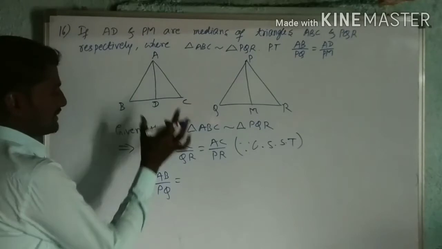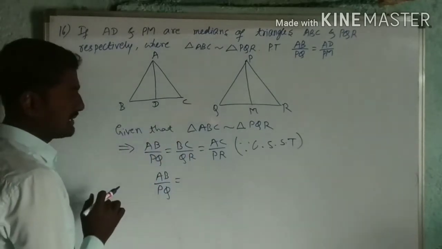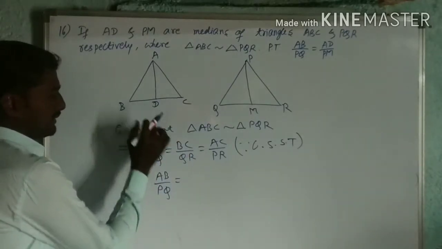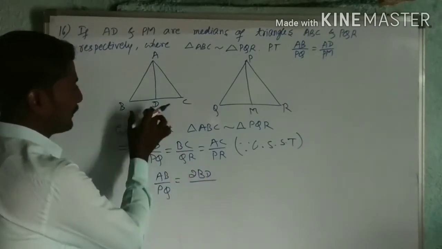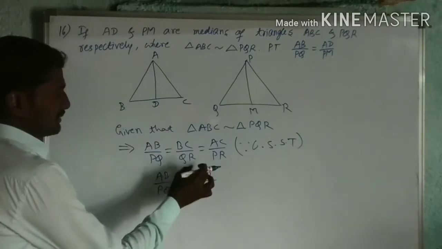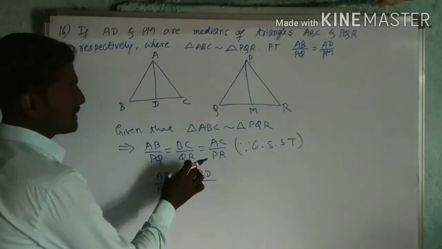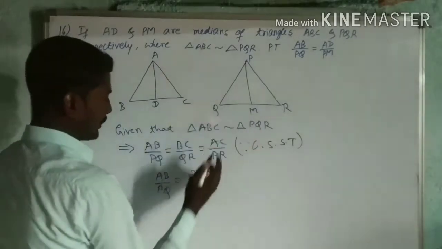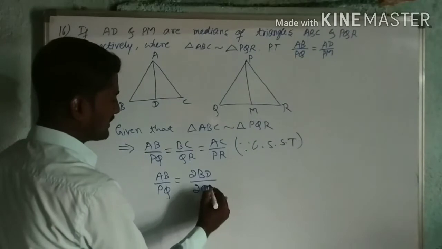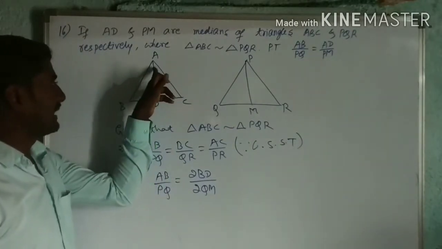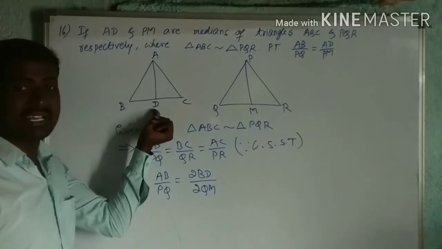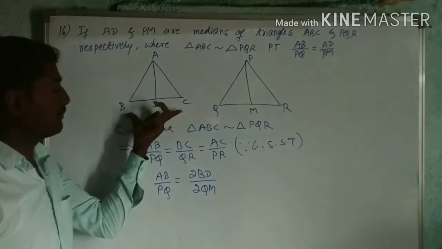Then in place of BC, can I write 2BD? So here also the same. In place of QR, can I write 2QM? Because they said that AD is the median, it means D is the midpoint of BC.